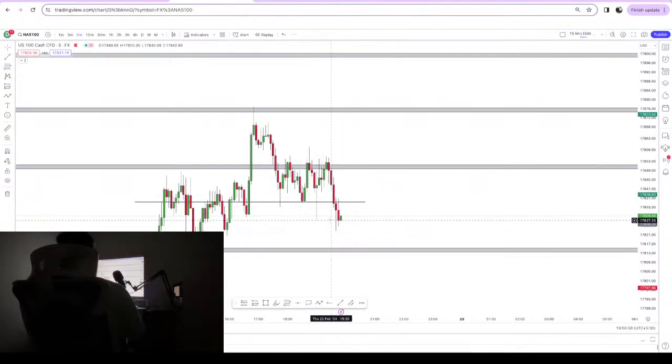We have to wait. If we have a bullish engulfing candle, we can take an entry. Not right now.